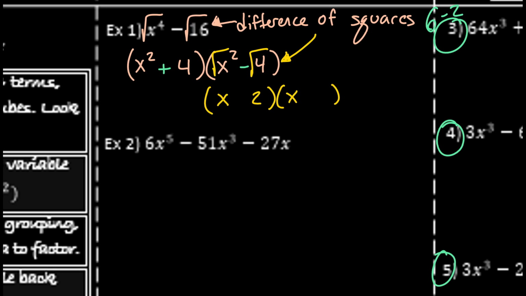Twice with what between? 1 plus and 1 minus. And then can x squared plus 4 be factored evenly? No. You cannot factor that evenly. You'd have to use quadratic formula on that to solve, sorry. So that's our answer.